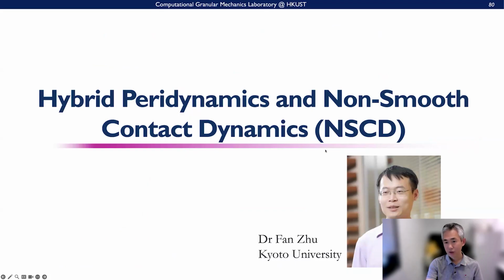In the following, what I introduce is the work of my former PhD student, now associate professor at Kyoto University, Dr. Bangu. In his PhD thesis, he developed a hybrid approach combining aerodynamics and non-smooth contact dynamics to simulate the crushing, respecting both the grain size distribution and evolution and the shape evolution. So crushing and shape are fully coupled together to capture the behaviors in a more realistic way.